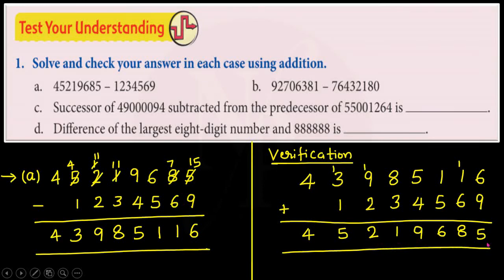So this means our answer is correct. You may conclude by writing a statement: since the sum obtained in verification is the same as the minuend given in the question, the answer is correct. Here I will put a tick mark to indicate we have verified and our answer is correct.